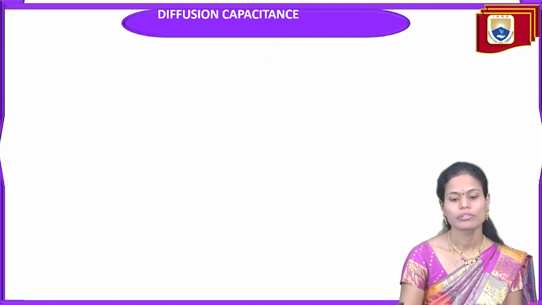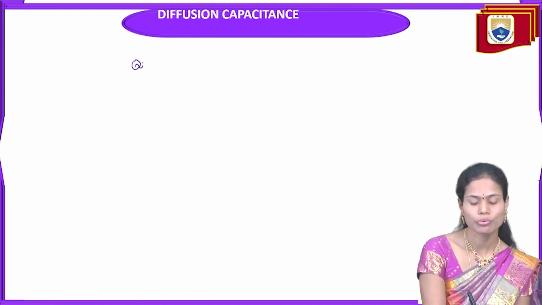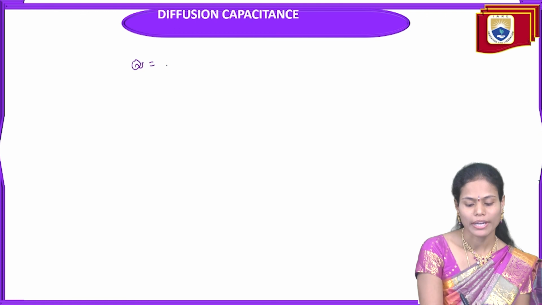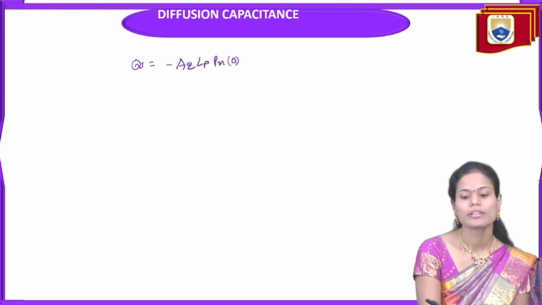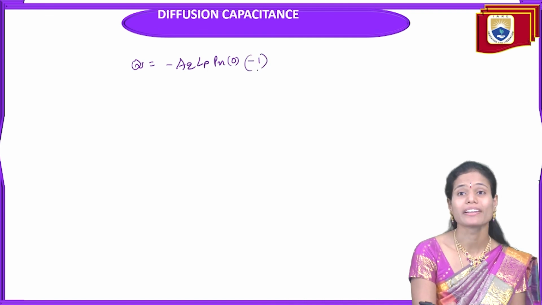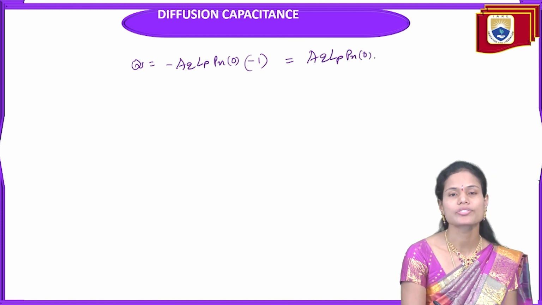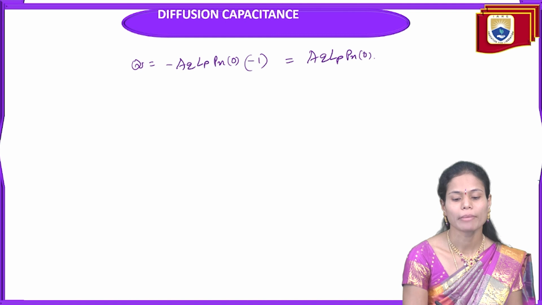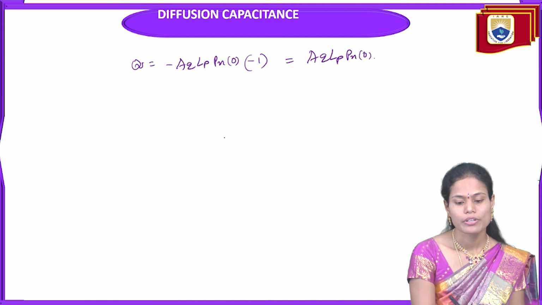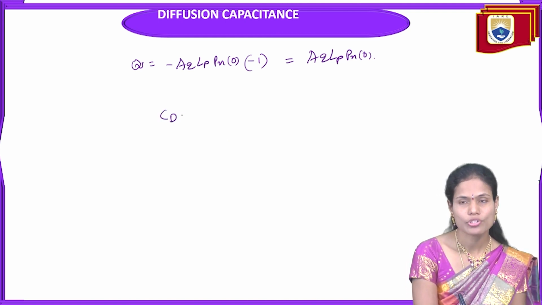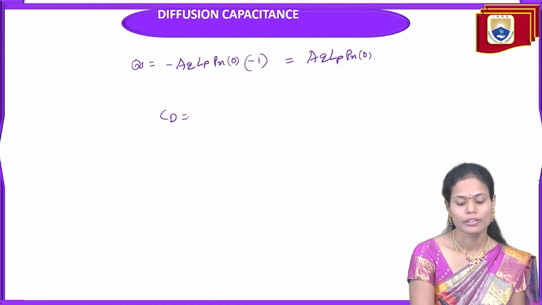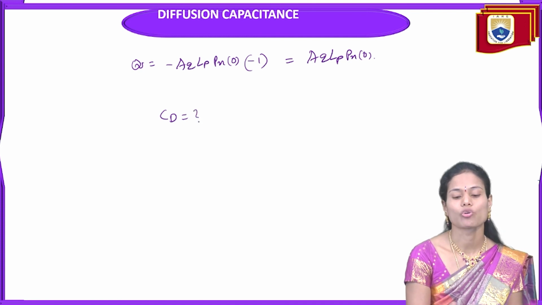So after simplification, we can write the Q value as AQ Lp Pn of 0, the charge developed due to the minority carriers.